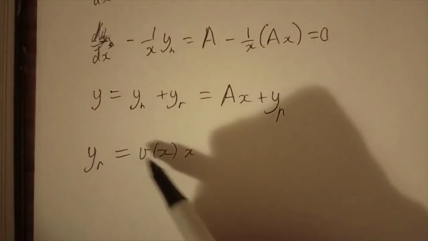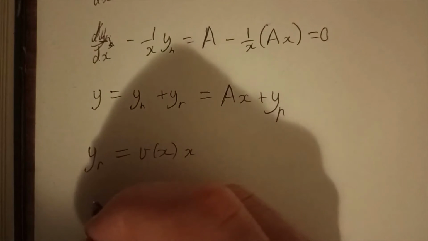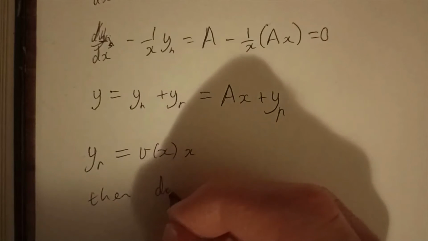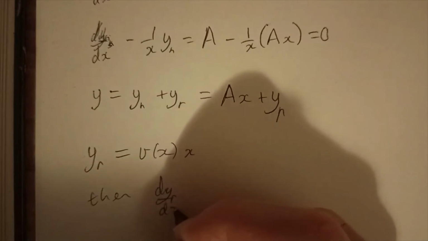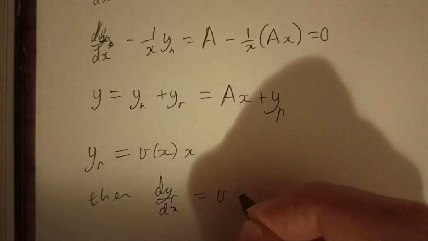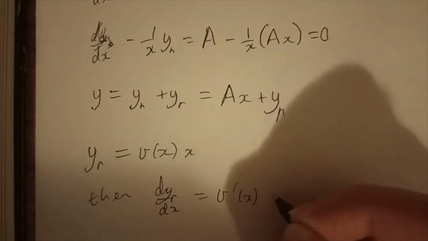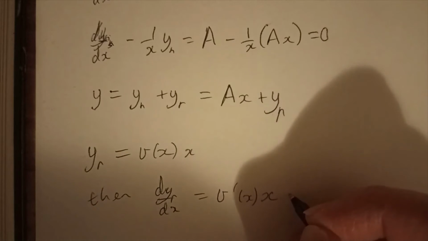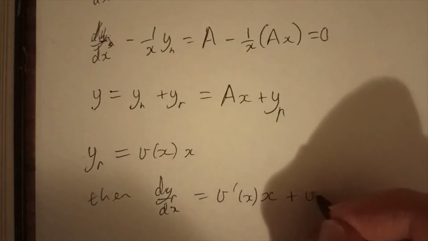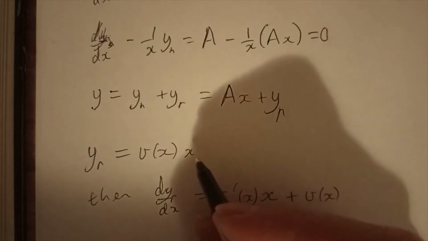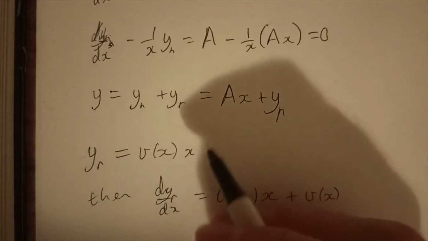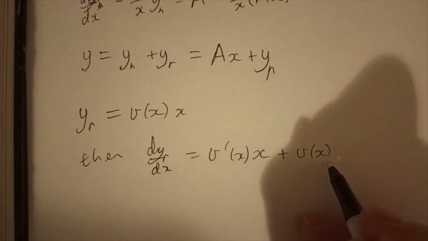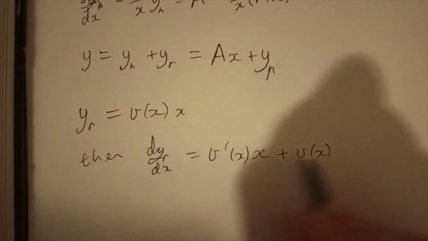So if y_p equals v of x times x, then dy_p/dx will equal v prime of x times x plus v of x times 1, since the derivative of x with respect to itself is just 1. That's the derivative of y_p using the product rule.